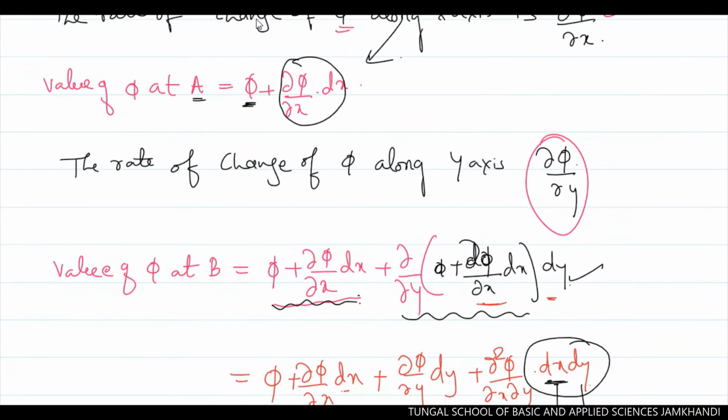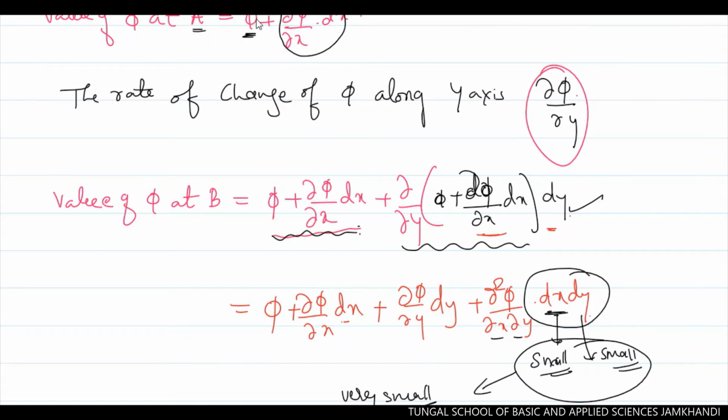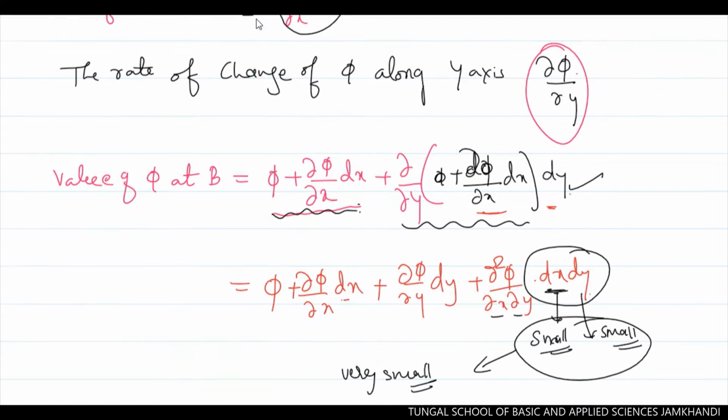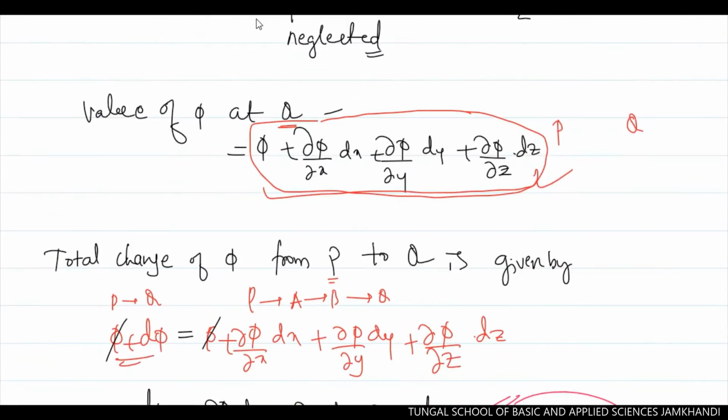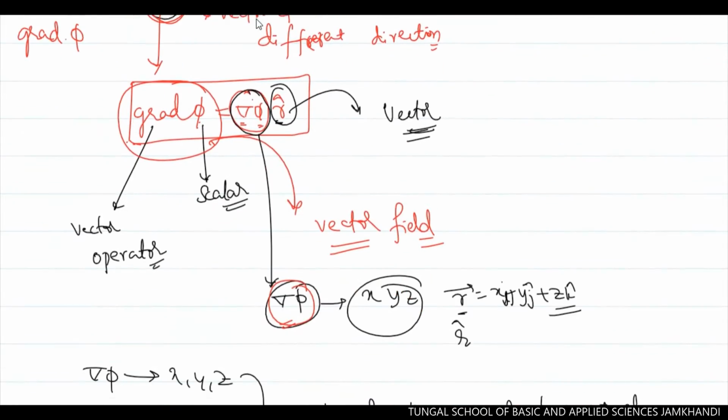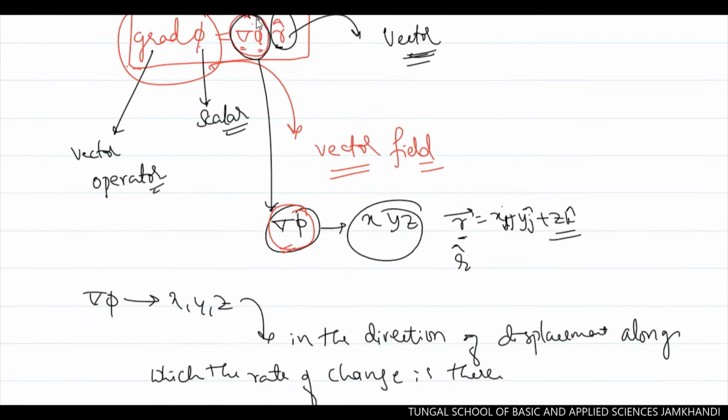Then we moved from point P to Q by the variation of that function with respect to x, y, z respectively. Then we defined the gradient of that function with the operator del phi, right?